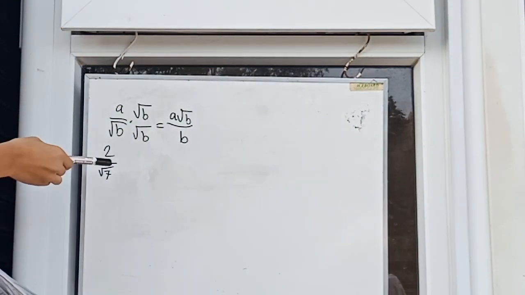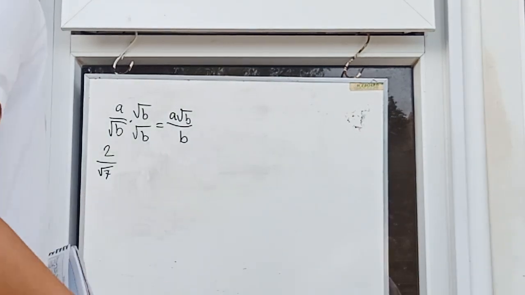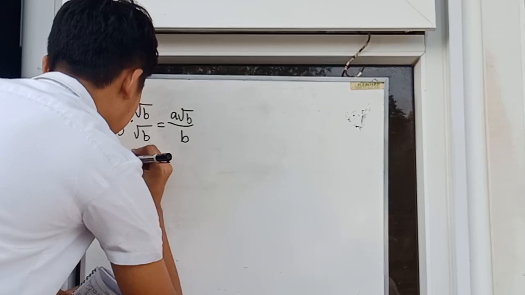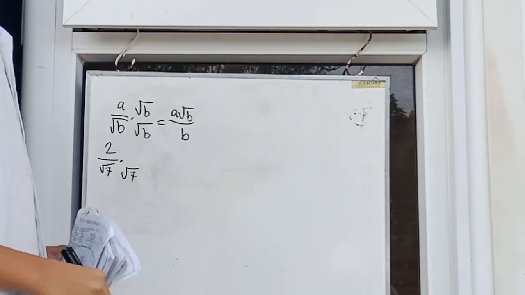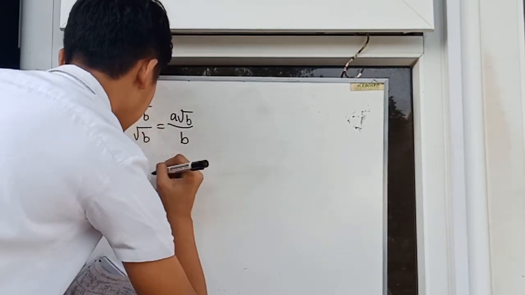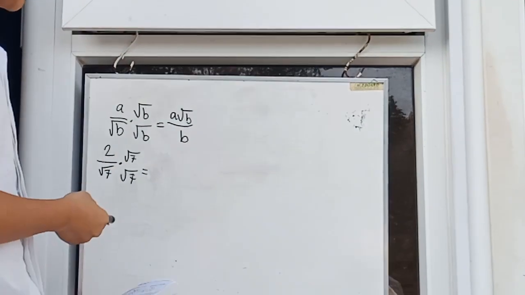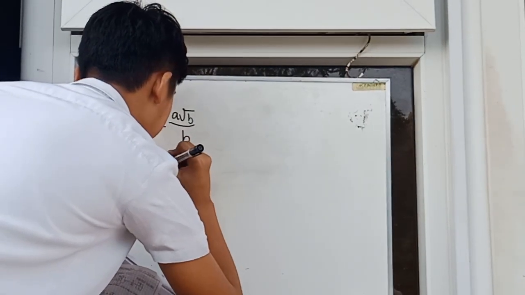So now we have 2 over the square root of 7. 7 is not a perfect square. So we have to multiply square root of 7 with square root of 7, and 2 also with square root of 7. If you multiply 2 with square root of 7, the answer is going to be 2 square root of 7.